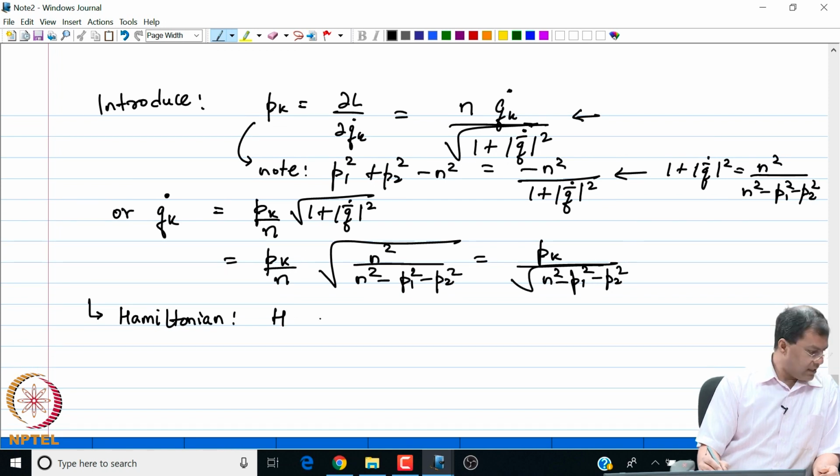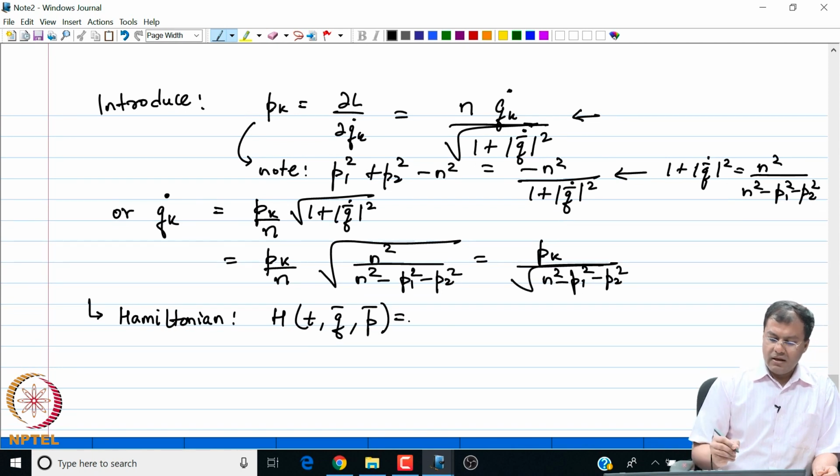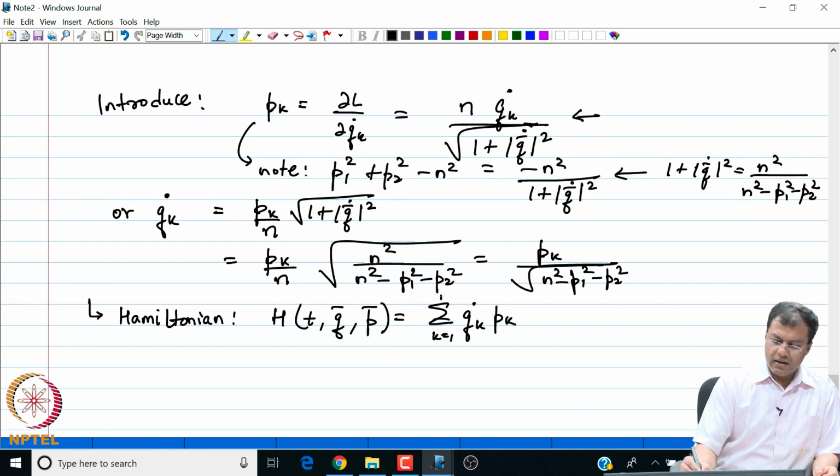So then my Hamiltonian H, the other new variable, is defined as follows: H of t, q bar, p bar in terms of these variables is by definition the summation of qk dot pk, k from 1 to 2, minus L, right. And after plugging in all the values, I have already defined qk dot in terms of pk.